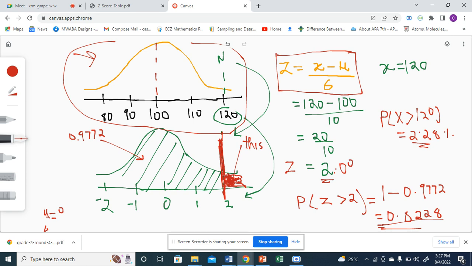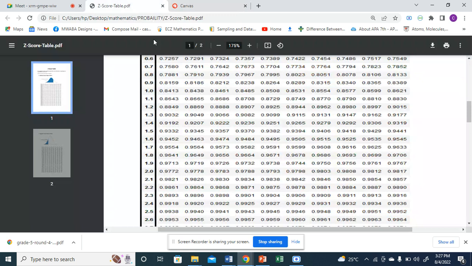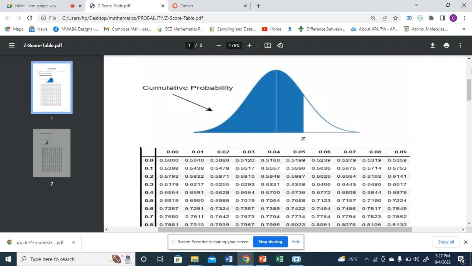Now this is where you're going to have to go to your tables to find the probabilities. The tables I'm using give you the probability to the left, which means less than the z-score.